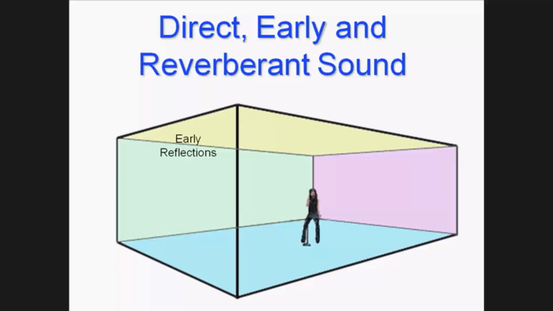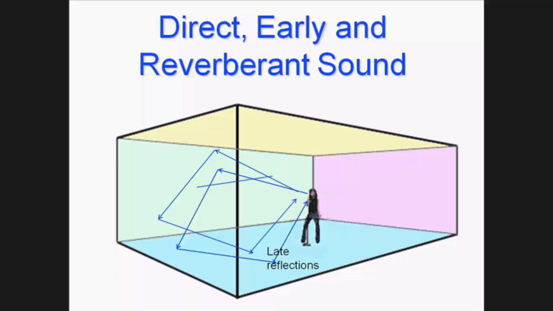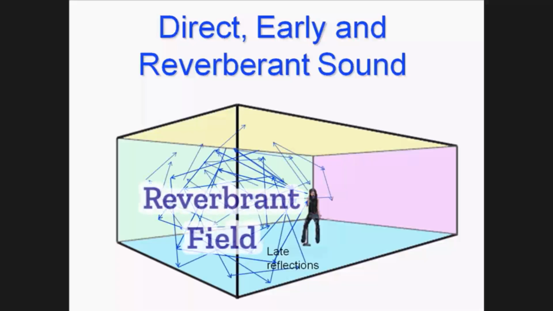These are the early reflections. We also have later reflections created by sound bouncing off of multiple surfaces before it's returned back to the microphone. As these later reflections build up, the reflections become indistinguishable, and together they create a reverberant field.